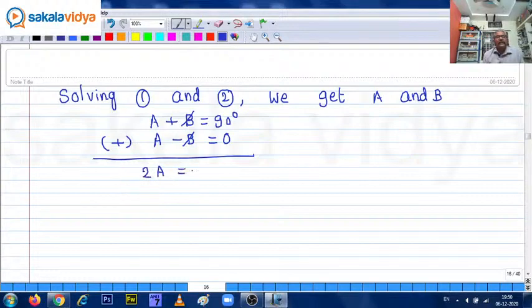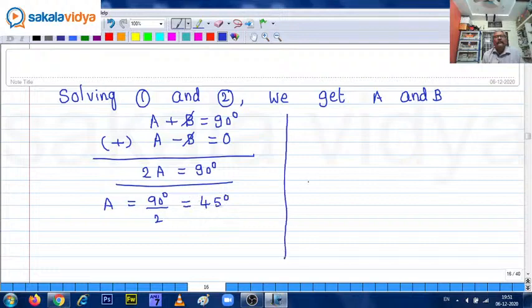2a equals 90 degrees and a equals 90 degrees upon 2. So that will be 45 degrees. Now put a equal to 45 degrees in equation 1.